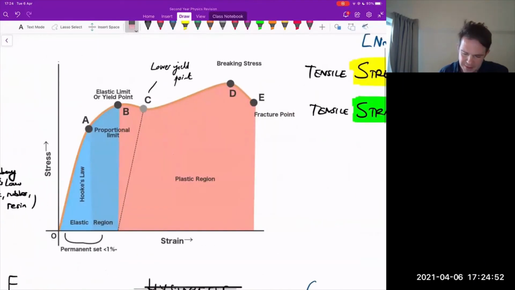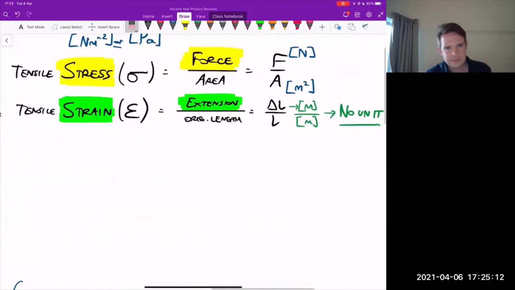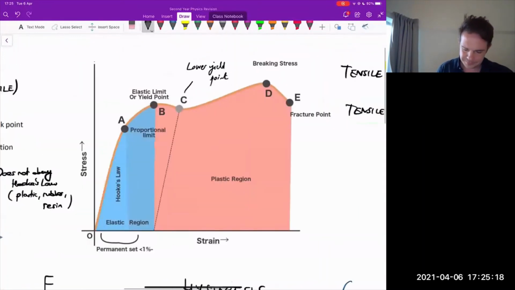For a stress strain graph, we get a straight line, Hooke's law is obeyed. We get a limit of proportionality, elastic limit, then we get plastic deformation. So that's why the graphs look so similar, because they basically are. Stress is basically force, plus a little bit, and strain is basically extension.